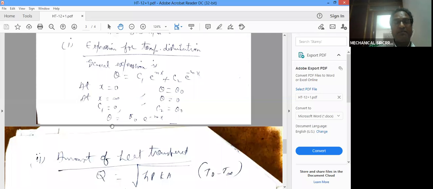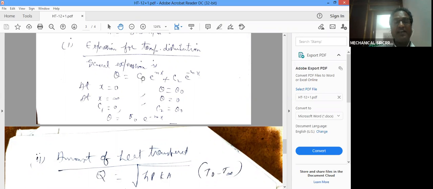We have defined theta as T minus T free stream, and theta naught is equal to T naught minus T free stream. That's why T minus T free stream divided by T naught minus T free stream is equal to e power minus mx. That is the expression for temperature distribution.